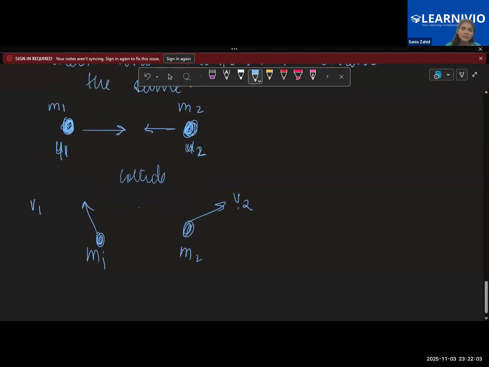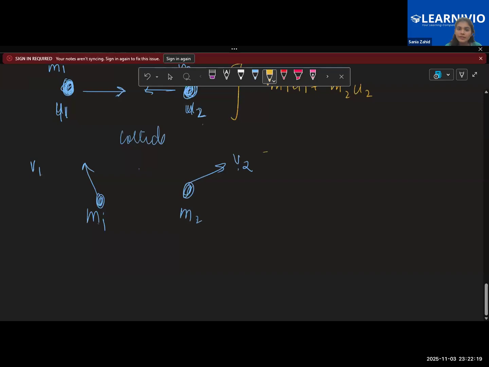Now they are telling you total momentum remains the same. What is the meaning of total momentum? What is the total momentum over here? m1 u1 plus m2 u2. What is the total momentum over here? m1 v1 plus m2 v2.